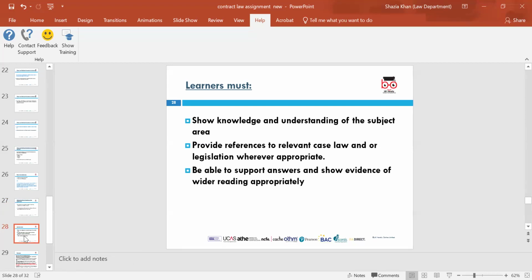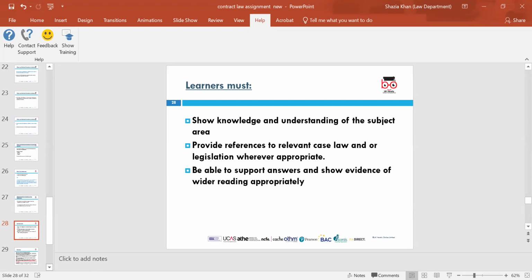You must provide references to relevant case law and/or legislation wherever appropriate. You must be able to answer, support your answers and show evidence of wider reading appropriately. So you need to make sure it's clear that you've read this area, and that you've used the relevant academic sources.